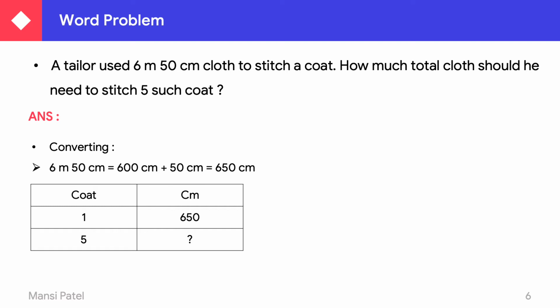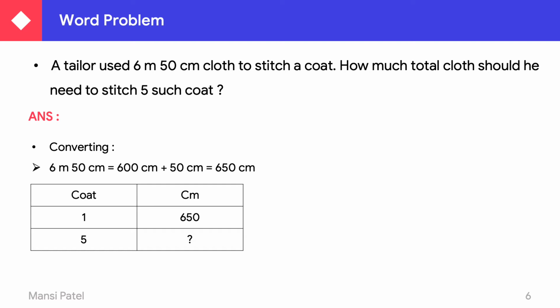Therefore, centimeter we write down on the right hand side. Cloth needed for one coat is 650 centimeter. So cloth needed to stitch 5 coats is equal to question mark.